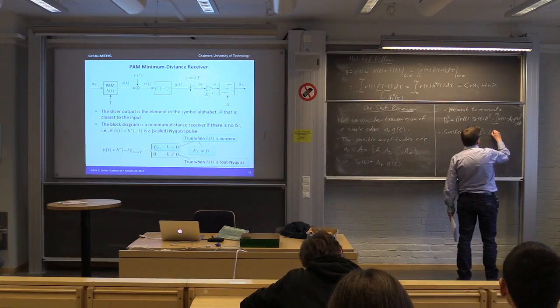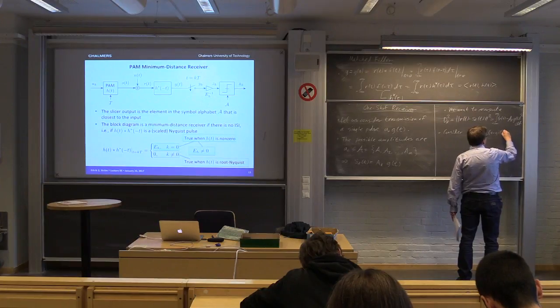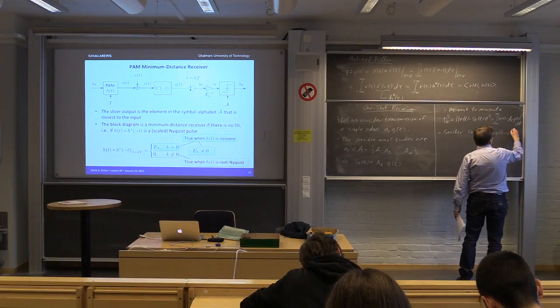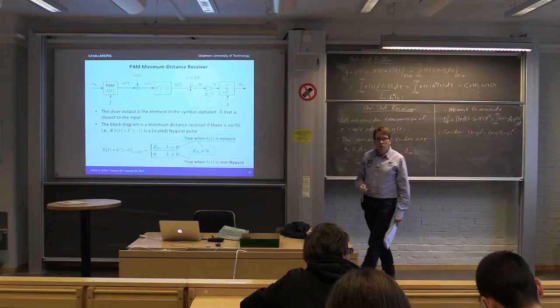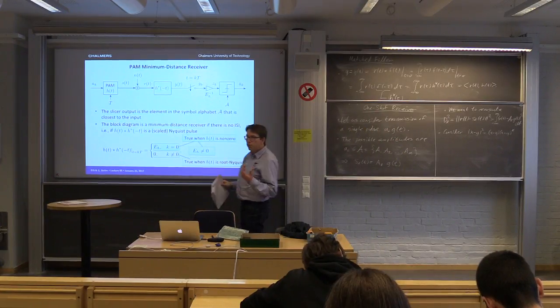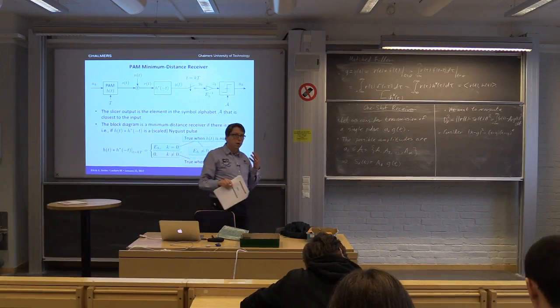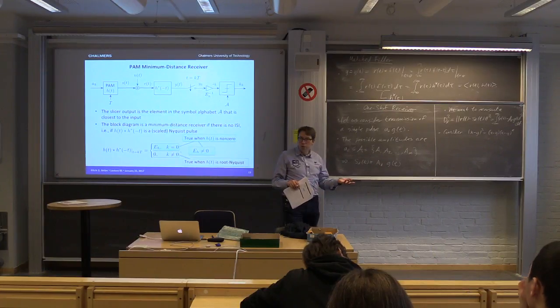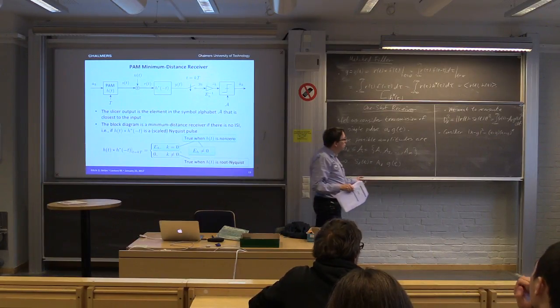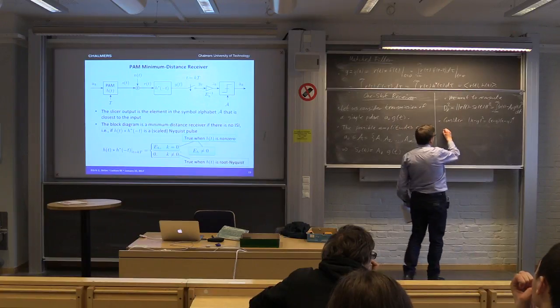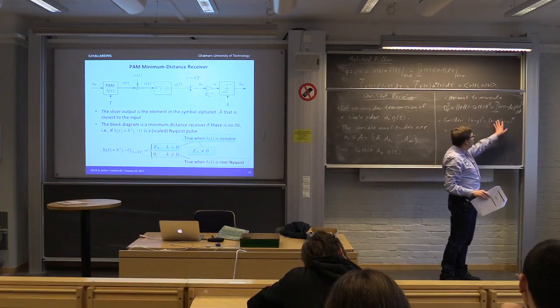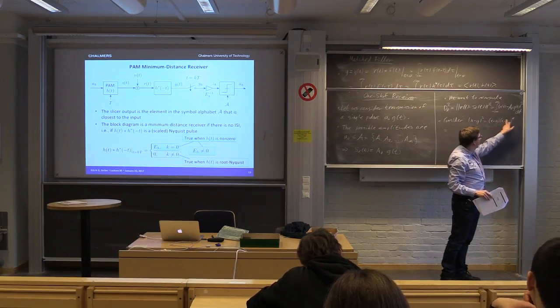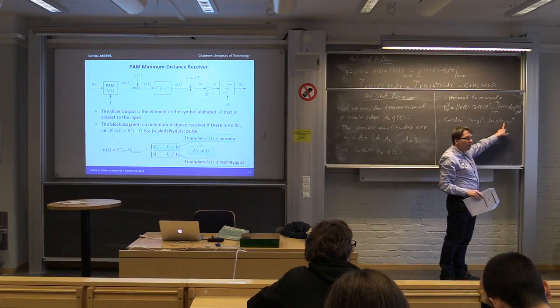Well, it's x minus y times x minus y, conjugated. The magnitude squared of a complex number is the number multiplied with its complex conjugate. Then we continue and multiply these together. So we take the conjugation inside the parentheses, and we get x conjugate minus y conjugate.